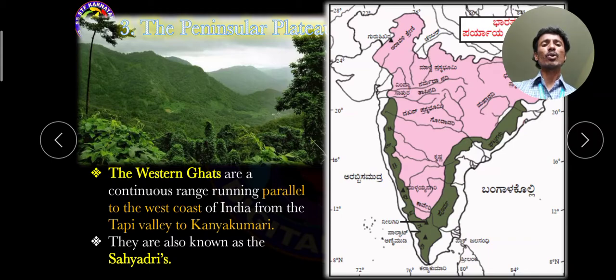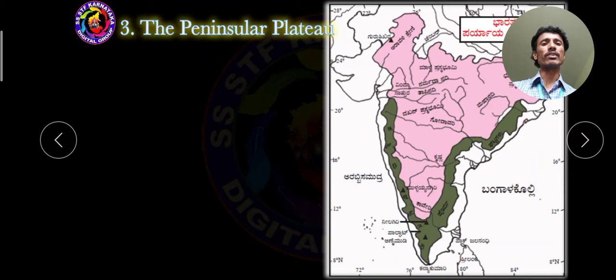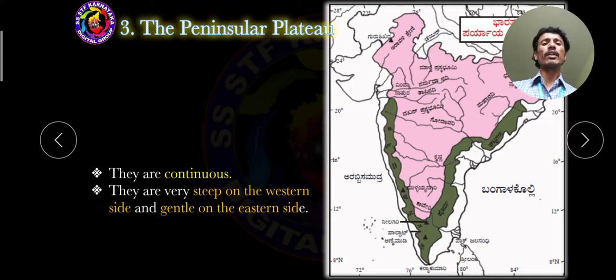They are also known as the Sahyadris. They are continuous, steep on the western side and gentle on the eastern side.